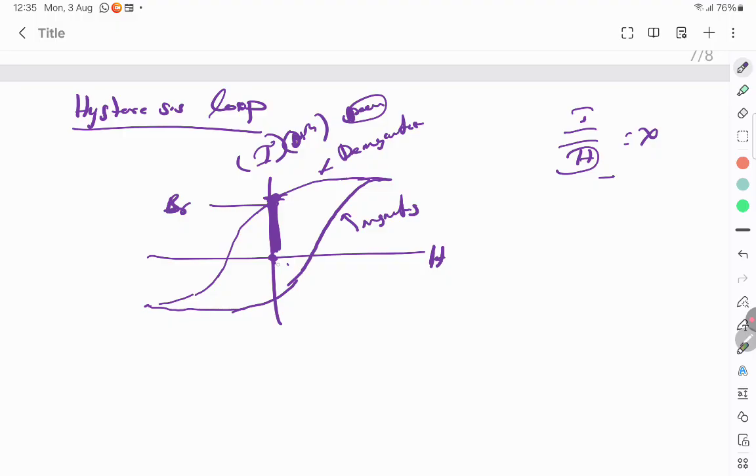When you magnetize and then demagnetize, and H becomes 0, you expect I also to become 0, but I is not becoming 0. Even when demagnetizing, even though the field has become 0, I still has residual magnetism, that's called Br. Are you clear? This point C is what is called residual magnetism.